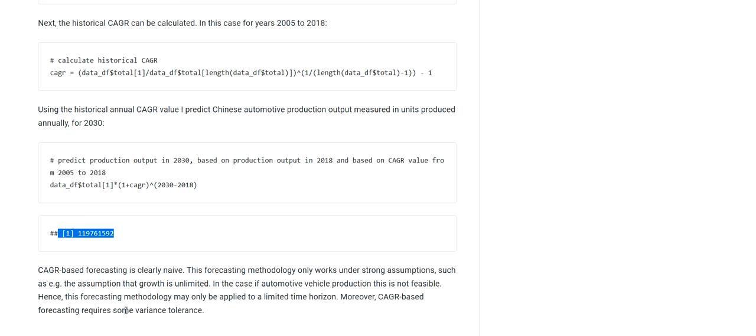It, for example, assumes unlimited growth, which certainly in automotive industry is not really valid when looking at annual production output. But for a rather limited time horizon, this might be a valid forecasting method, and it is a very frequently applied forecasting method in commercial industry.